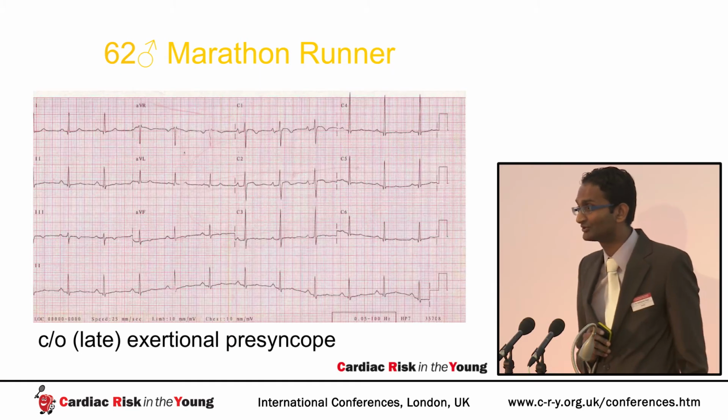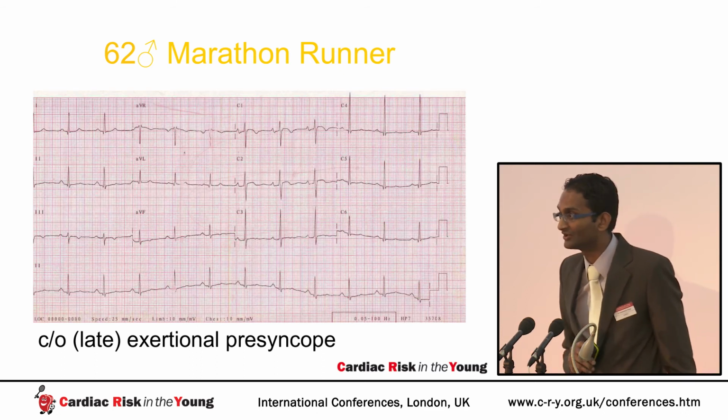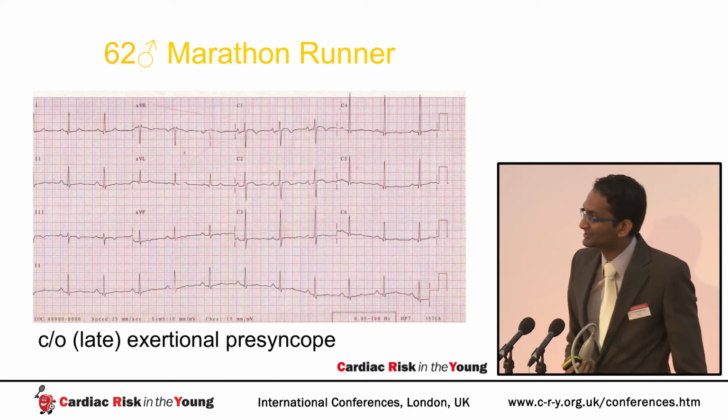I'm going to move on and give some examples of screening ECGs from some older endurance athletes, because these individuals often cause a bigger diagnostic and management dilemma for us. The first of these is a 62-year-old lifelong marathon runner who came complaining of exertional pre-syncope relatively late during his training period.